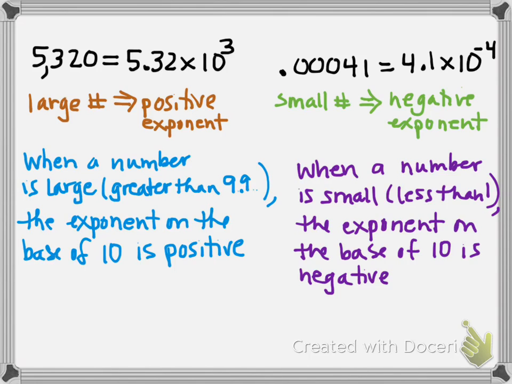Okay, so when I had my large number, how did the 5,320 become 5.32? What did I do? What was physically happening from the original number to get to the second one, which is written in scientific notation? Bella. Take away the 0. Okay, so the 0 is no longer there.